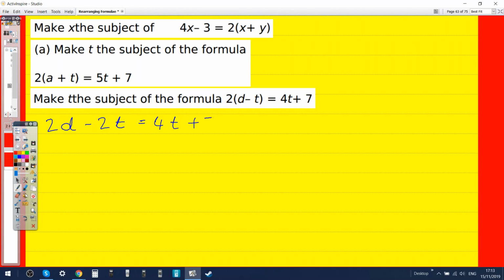And then plus 2t on both sides. Minus 7 on both sides. So you get 2d minus 7 equals 6t. And then divided by 6 on both sides, so 2d minus 7 over 6 equals t.